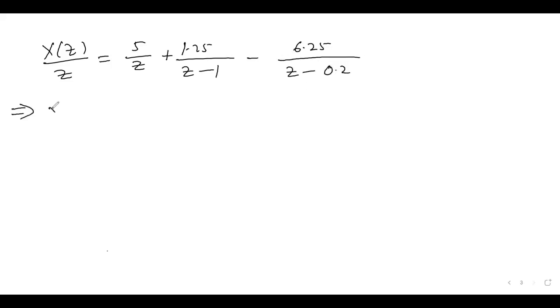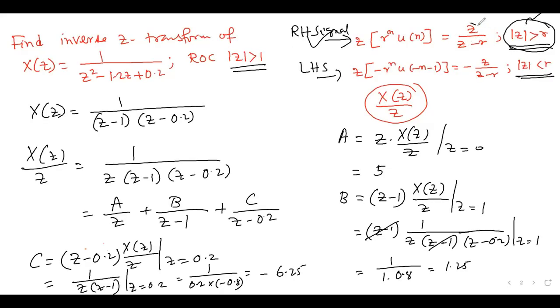So therefore Xz is equal to 5 plus 1.25 z by (z minus 1), now you will get the idea why.